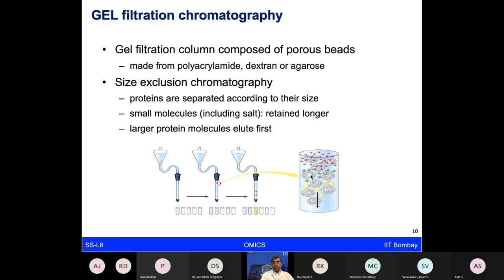The ones which are larger in size may not stay in the beads, so they travel outside of those and move fast. So larger protein molecules will elute first, followed by medium size, and then the small ones are retained. Then you can elute them out. So this is how size exclusion chromatography, or gel filtration chromatography, works, based on the size of these proteins.